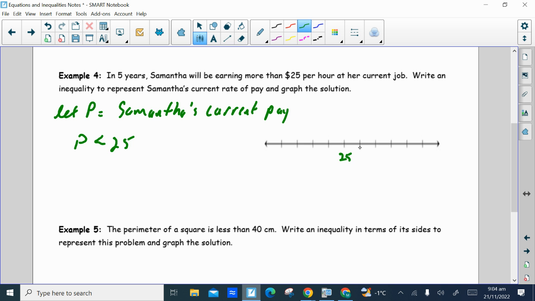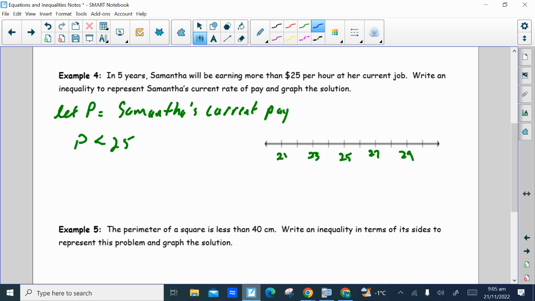As we go to the right, we'll get larger. So the next one will be 26, then 27, 28, then 29. As we go to the left, we get smaller: 24, 23, 22, 21.